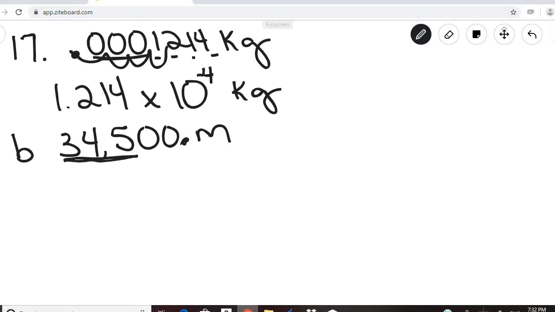So we can have 3 significant figures. So 3.45 times 10 to the, now we're going to move the decimal place to the left, so our exponent will be positive. 1, 2, 3, 4. 3.45 times 10 to the 4th meters.